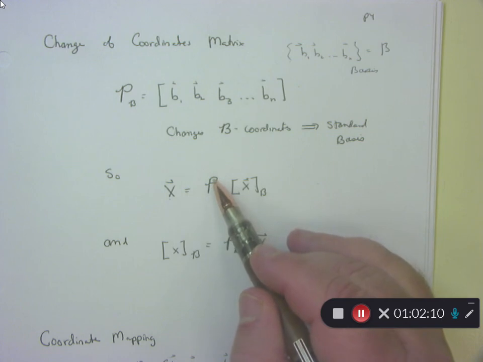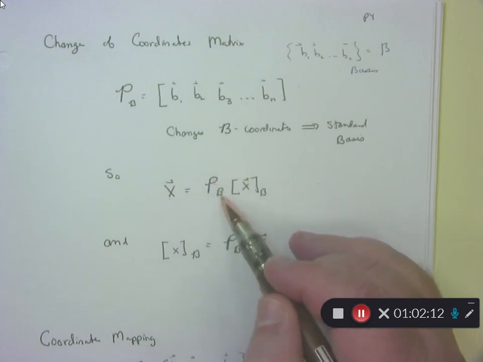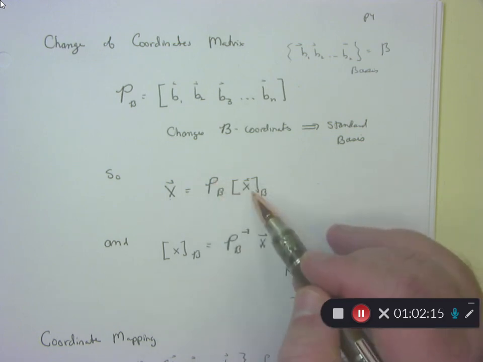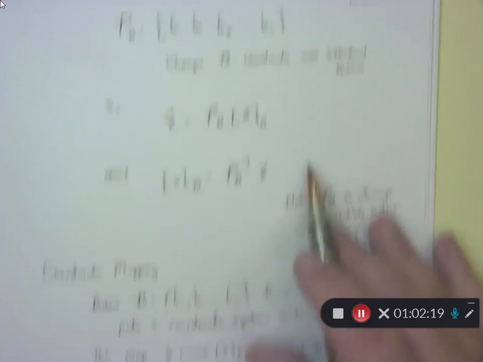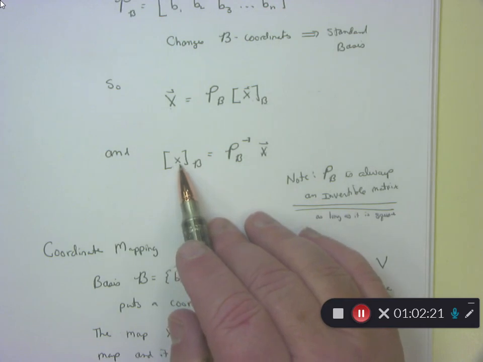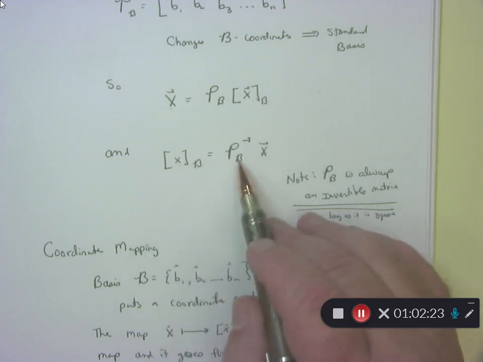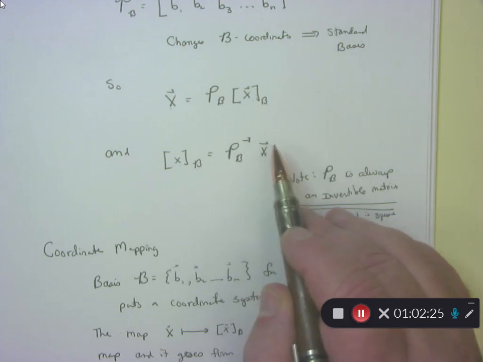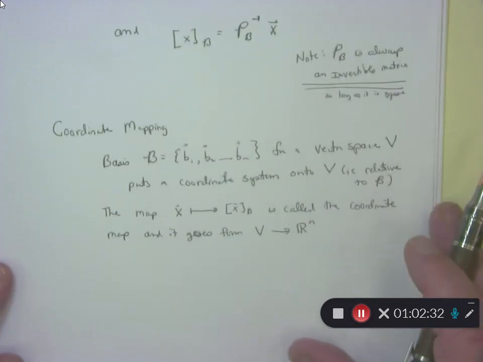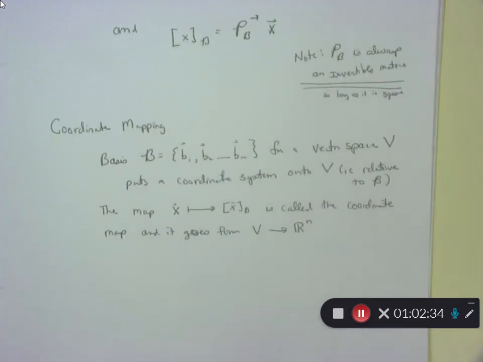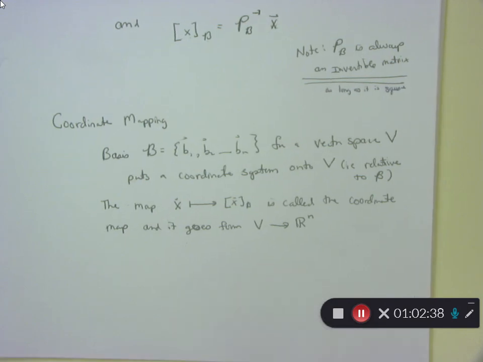X equals your basis matrix P times the coordinate vector relative to beta. And that means the coordinate vector of x relative to beta is equal to P inverse times the actual X vector. So you can go backwards and forwards on this thing. What we're talking about here is quote-unquote coordinate mapping. So what exactly is this coordinate mapping type thing here?